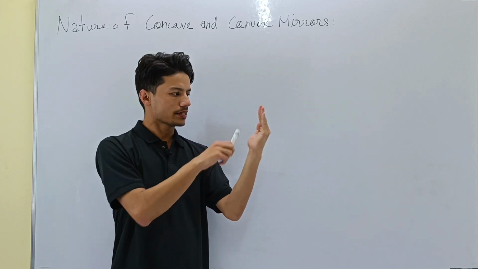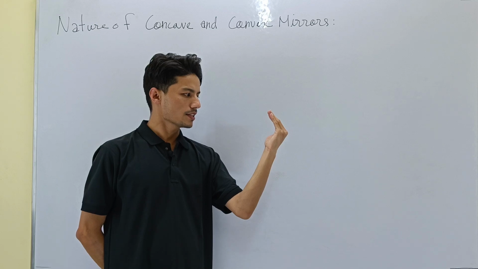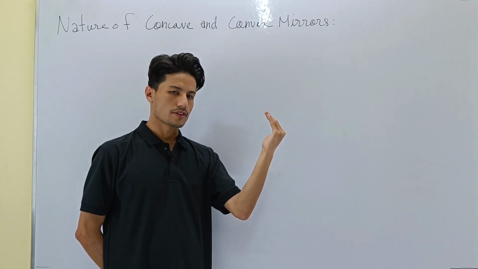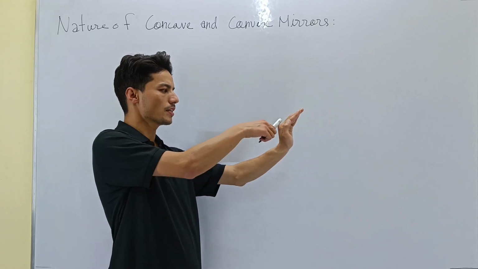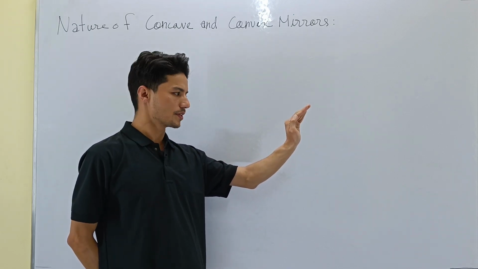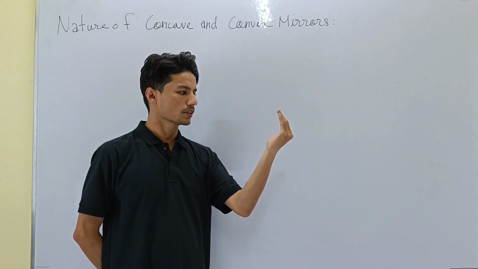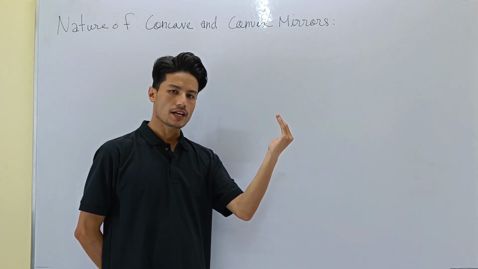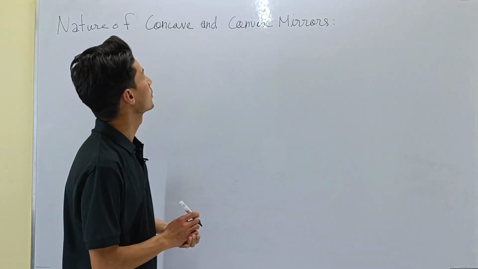If this face is facing me, then this is a concave mirror. And if this side is facing my face, then this will be considered as a convex mirror. You can use your hand to get an idea of how a concave mirror and a convex mirror will look. All right, so let us continue.